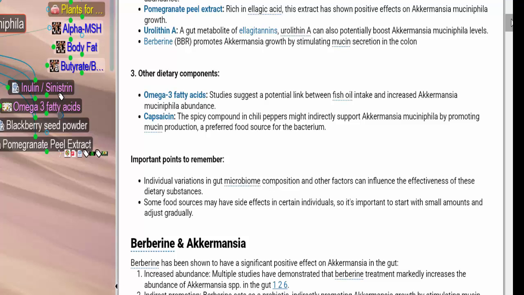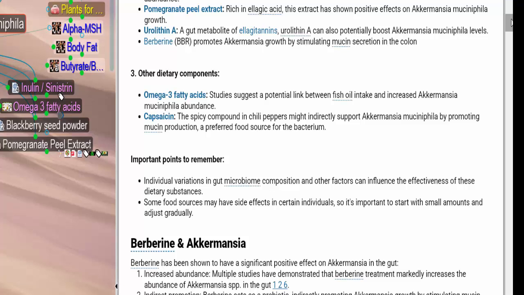And then we have berberine. That promotes Akkermansia growth by stimulating mucin secretion in the colon. Other useful dietary components include omega-3 fatty acids and capsaicin. That helps indirectly by promoting mucin production. Remember, mucin is a preferred food source for Akkermansia.